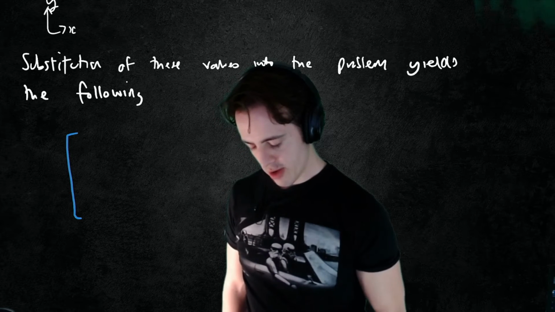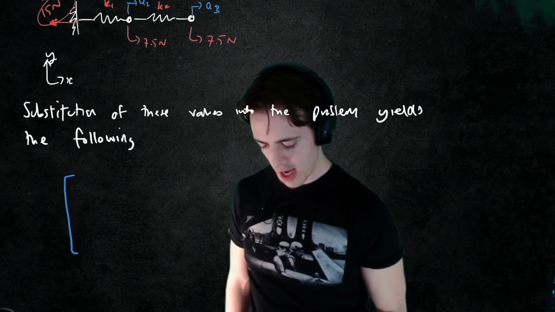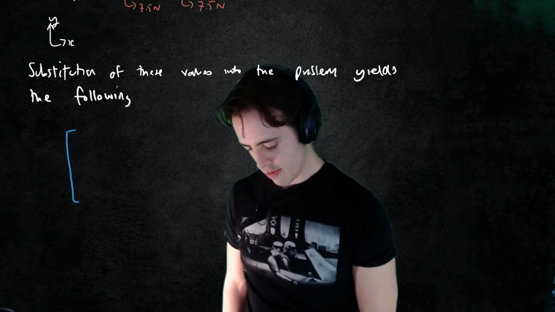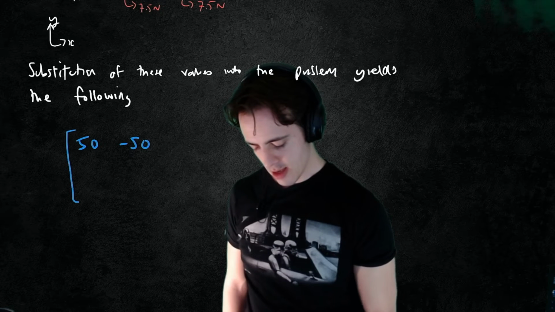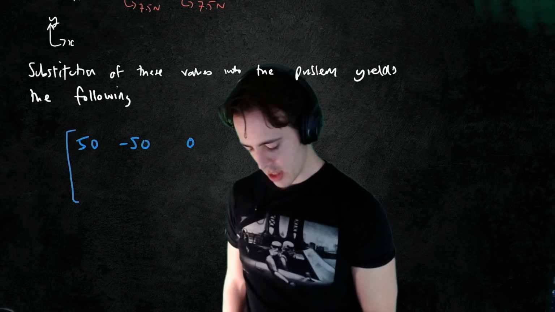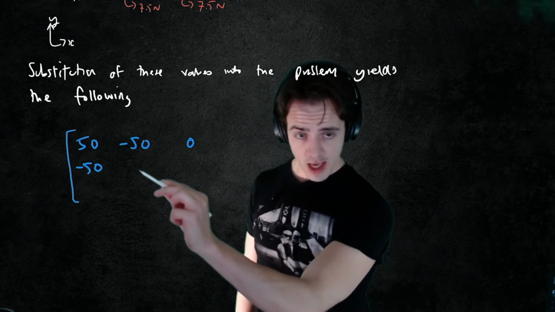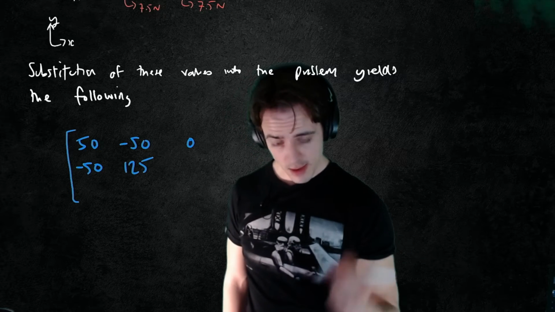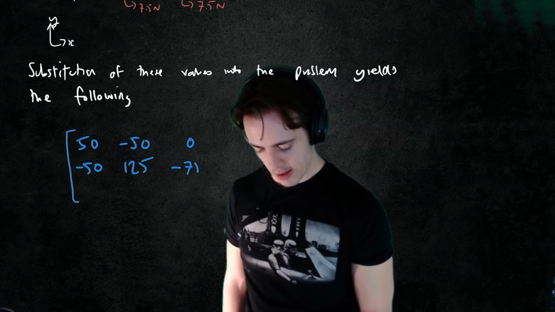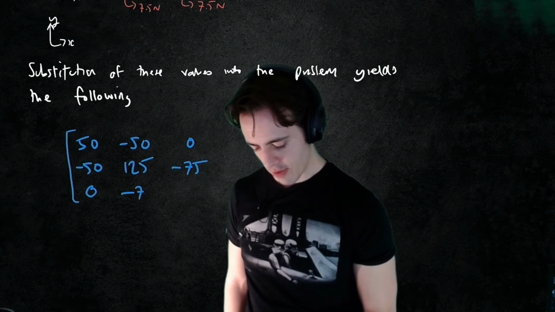So our matrix was K1 here. Now I can remember this off by heart. So it was K1 in this hand side, so it was 50. And then we're going to have minus 50. And then we're going to have 0. And then we're going to have minus 50. And then we're going to have 50 plus 75 in here, so we have 125. And then we're going to have minus 75 here, because that was minus K2. We're going to have 0, and then we're going to have another minus 75.